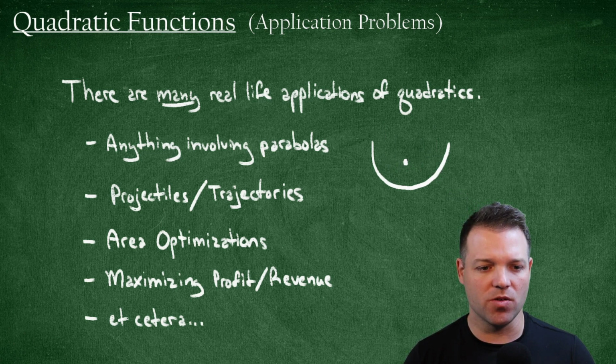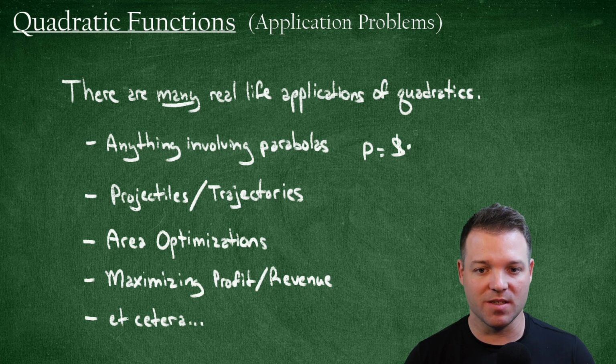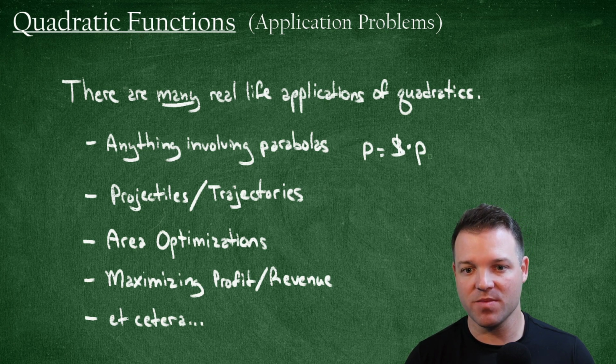How about, let's see, what else do I have in here? Maximizing profit or revenue. So maybe you're saying your profit, you're selling a ticket price to so many different people. So we have the dollar amount times the number of people you're selling it to.